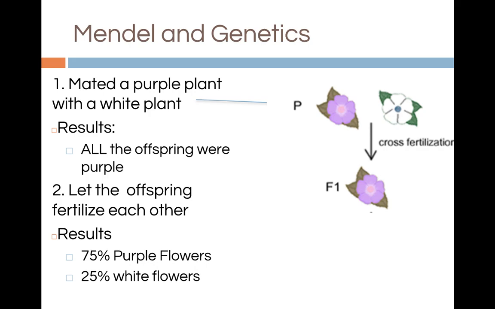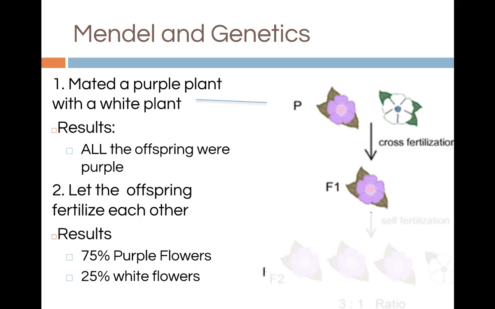You have your purple and your white parent flowers. All of their offspring in this F1 generation, which we call that first generation after the parents, they're all purple. Again, no matter how many times he did it, they were always purple.